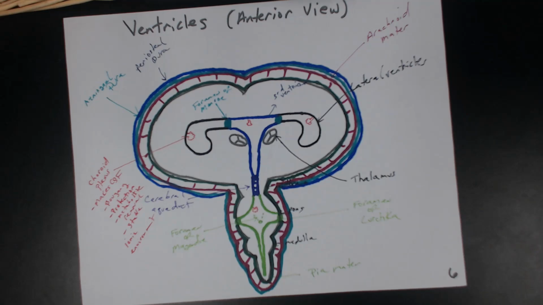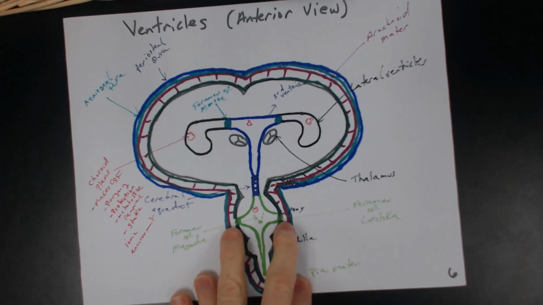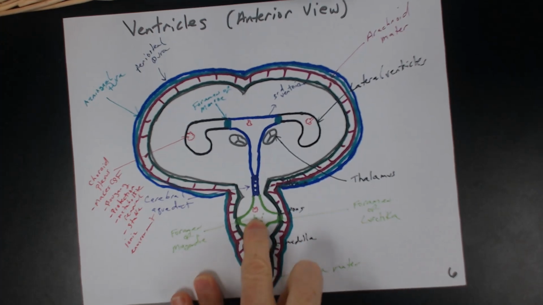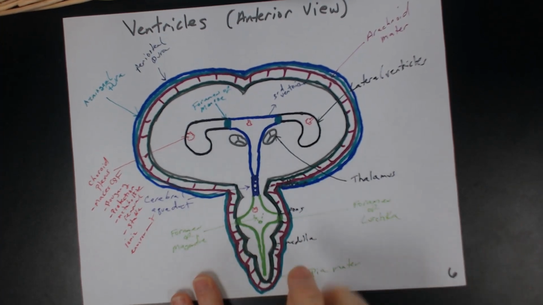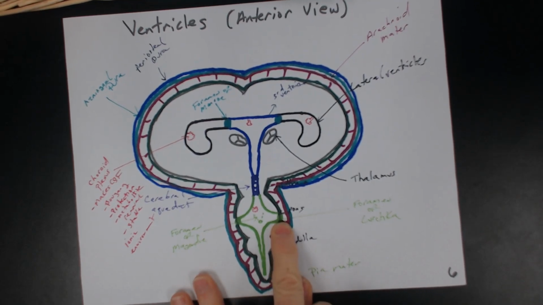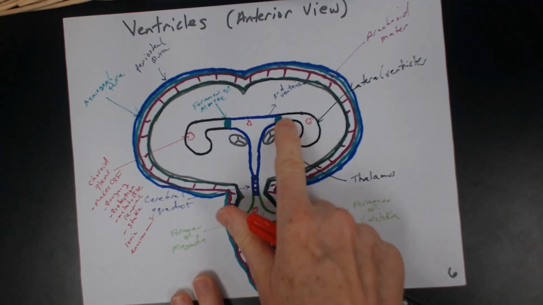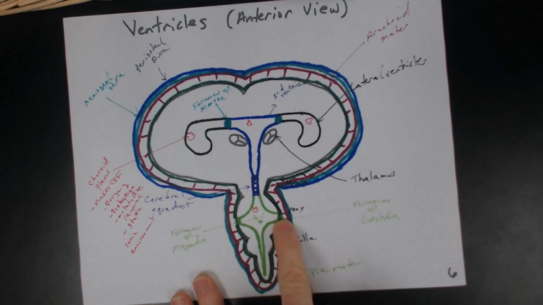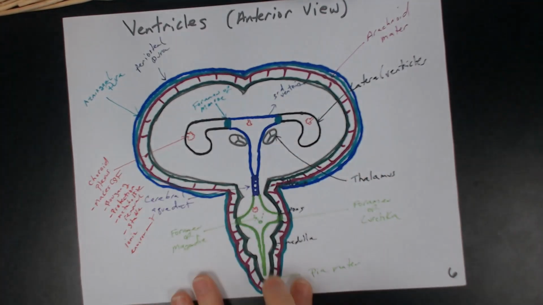Yes. Can you circle back to the foramen of Luschka? So essentially, the foramina of Luschka are the two on the outside, and the foramen of Magendie is the one in the middle that goes out the back, and it's open to the subarachnoid space, so it allows the flow of cerebrospinal fluid into the subarachnoid space. Yes, Brady?